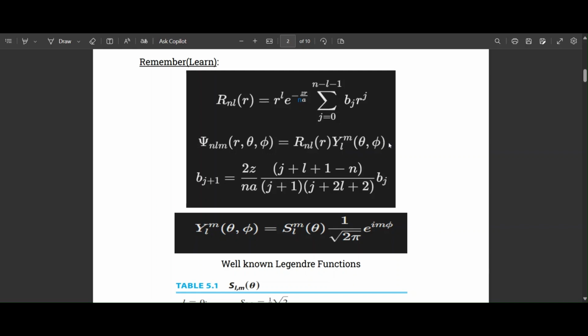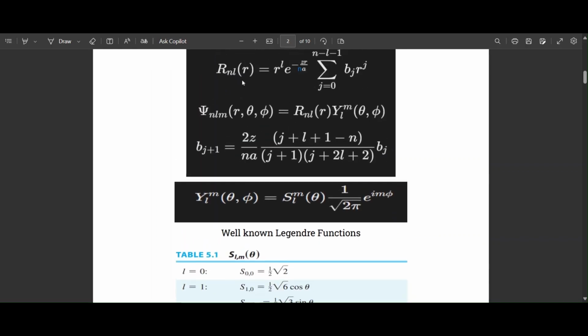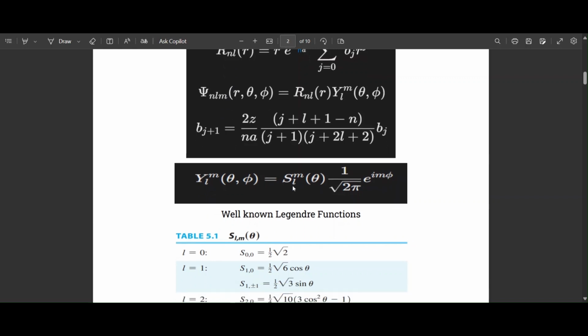What about the angular part? The radial part depends on n and l, while the angular part depends on l and m. The angular part can be calculated by S_lm and 1 by root 2 pi, e^(i m phi). These are the things you need to learn.